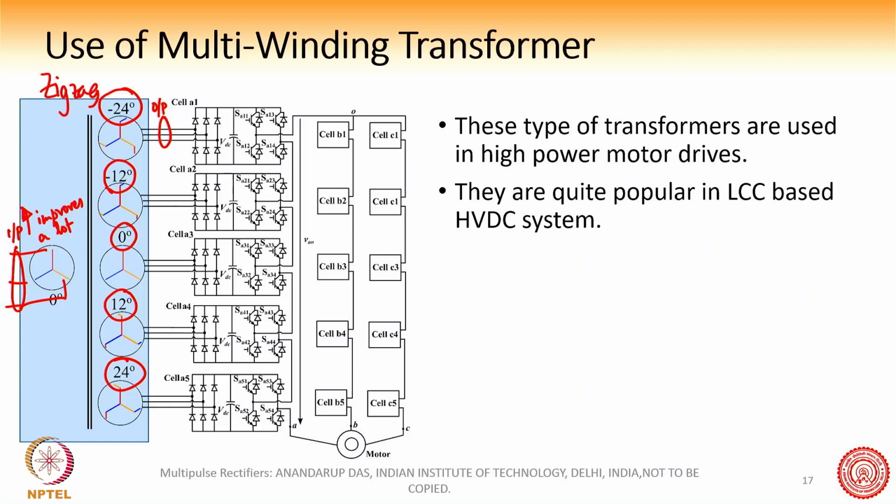There is also something called the extended delta connection, which again we can see in the other lecture, which is also used to improve the profile of the input current.